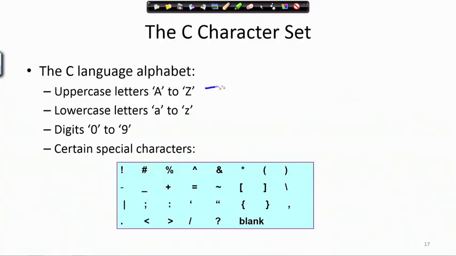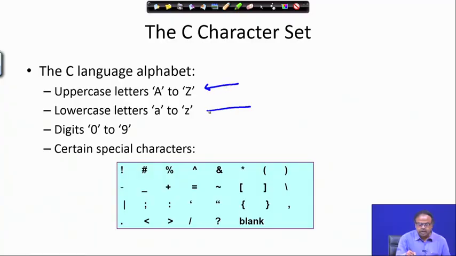So, the first thing is, of course, the uppercase letters, the lowercase letters A to Z, digits 0 to 9, and some special characters like you can see this hash. We have already encountered this when we said hash include, that is a part of the C symbol set.